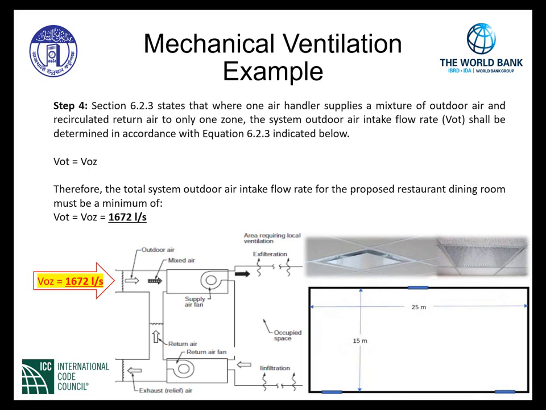This is a good graphic of an example of how the air is returned back to the system on the lower part of the graph. Through the return air fan, we have exhaust relief as well as return going back up and mixing with the outdoor air and then resupplying it to the occupied zone. In this case would be our dining room.